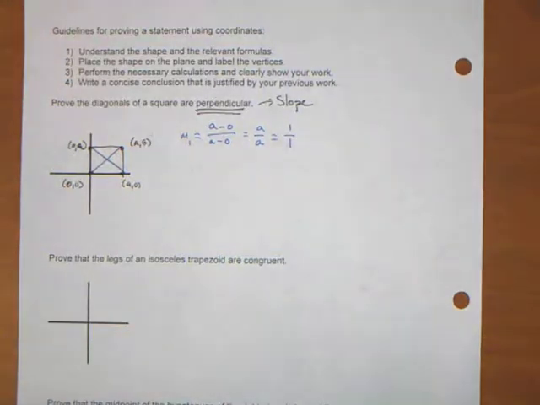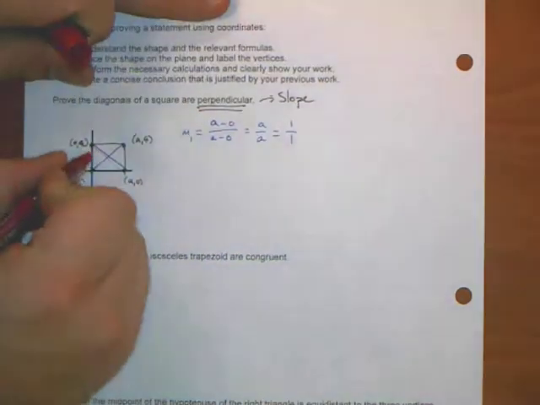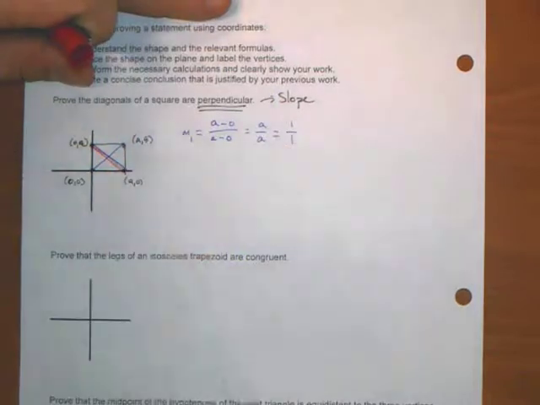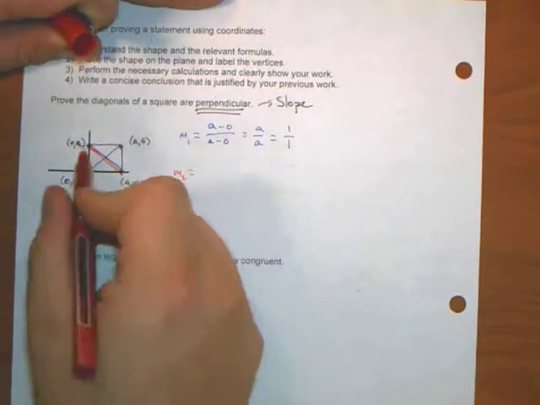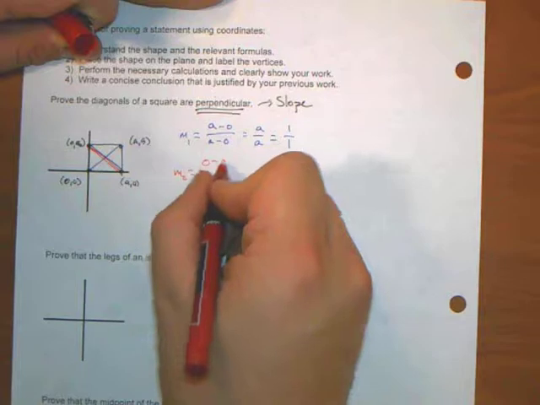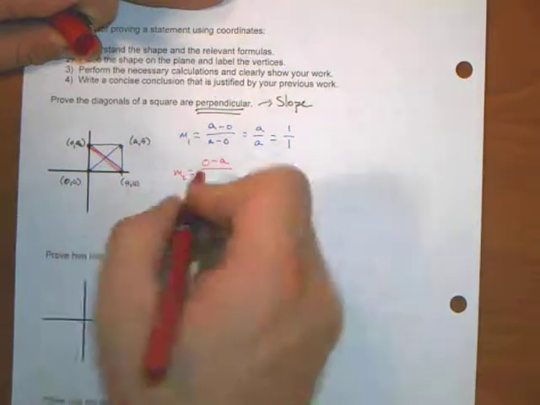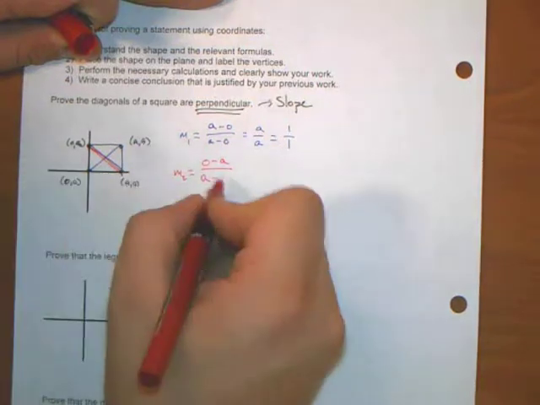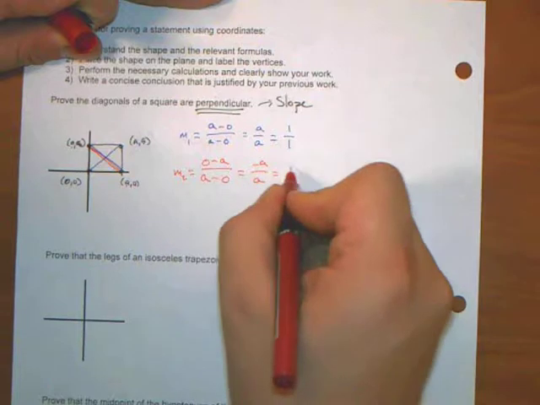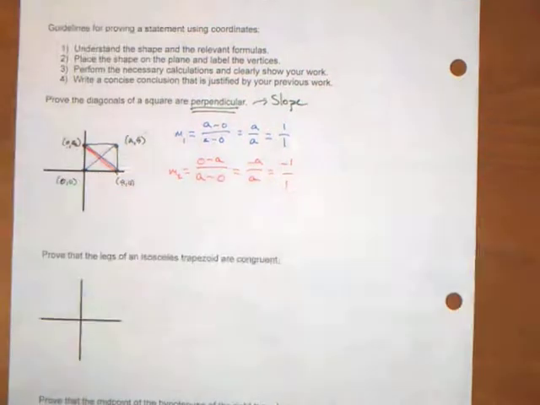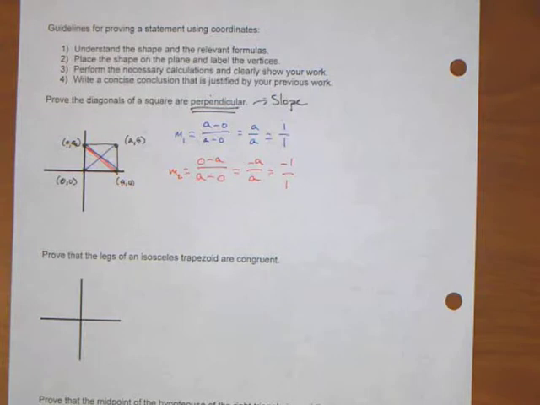I'm going to leave it as 1 over 1 because it's the slope. The second diagonal has slope y2 minus y1 over x2 minus x1, which is the following, negative 1 over 1.